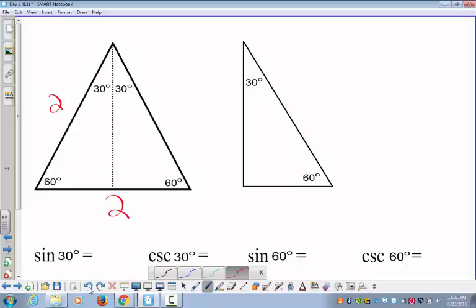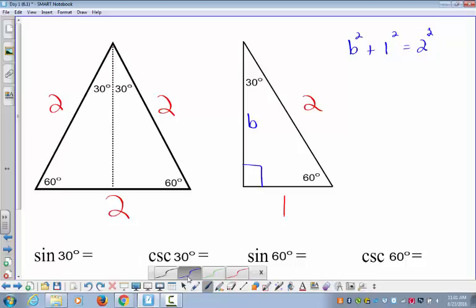So if we do a 2, 2, 2, that makes this a 2, and it makes this a 1. And now we have a right triangle with a couple of sides, the hypotenuse and the shortest leg. Then we just do some math, some Pythagorean Theorem to get the height. Let's call that height b. So we know that b squared plus 1 squared would have to equal 2 squared.